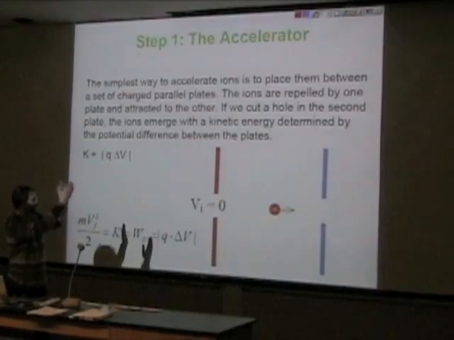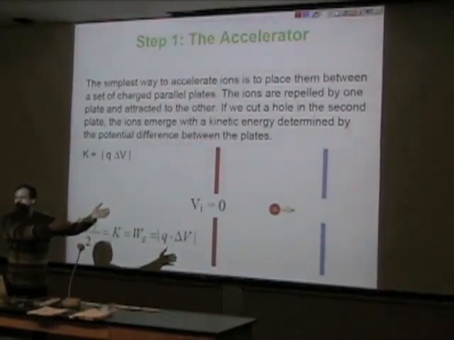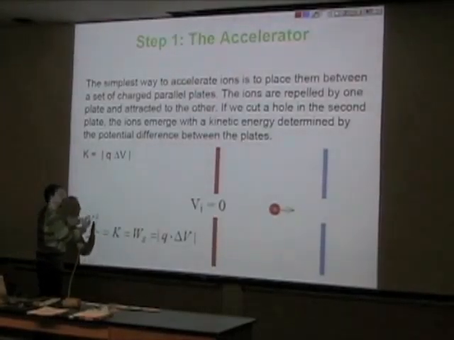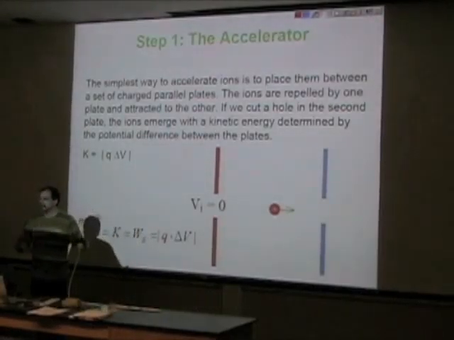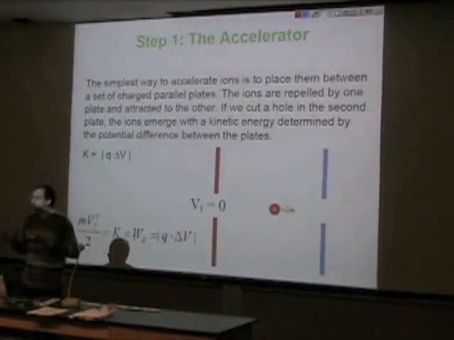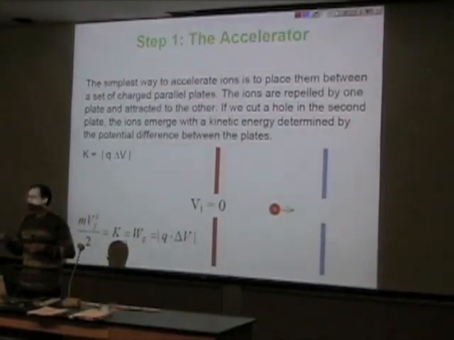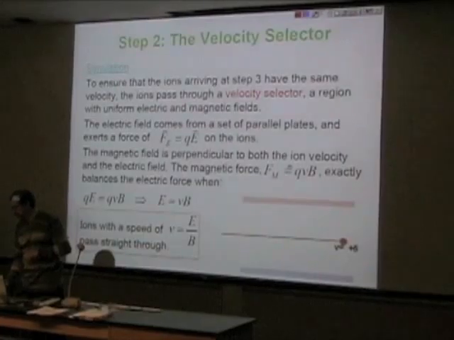Like here, two parallel plates, a big capacitor, the electric field accelerates particles, and if we apply the law of conservation of energy, we can calculate the kinetic energy of the particle when it leaves the electric field. Now, we don't need all particles. Remember, mass and charge are related to speed. So we need to know exactly the speed of a particle. To do that, we use a so-called velocity selector.